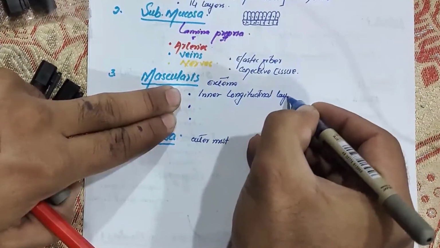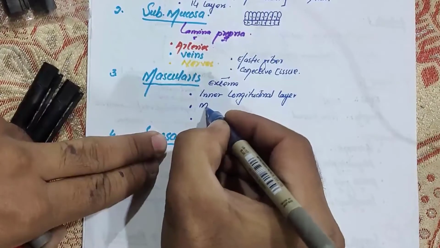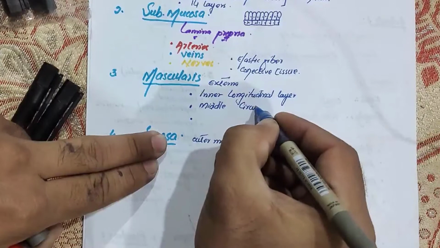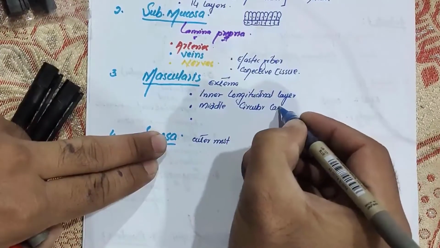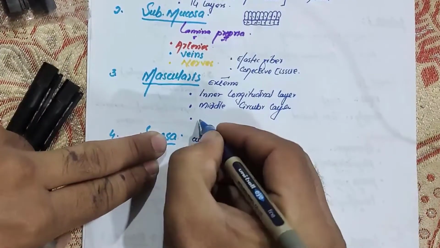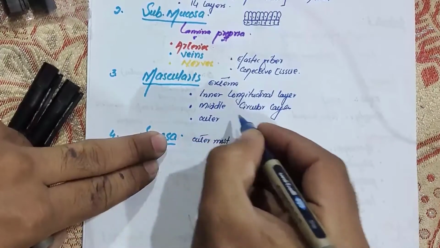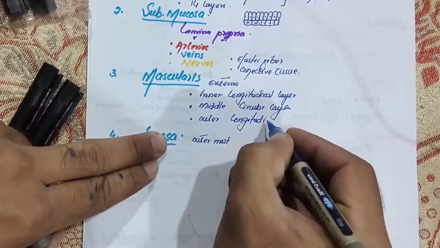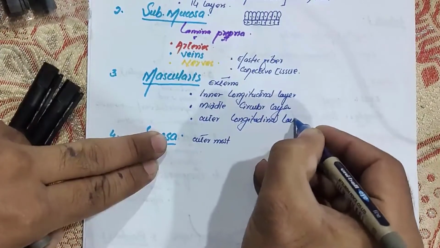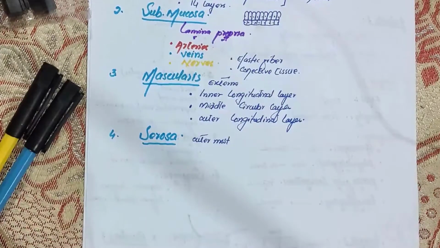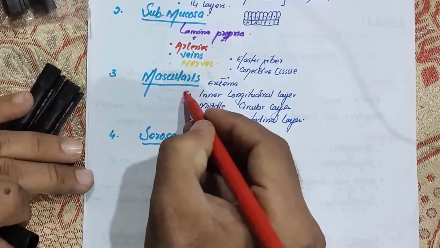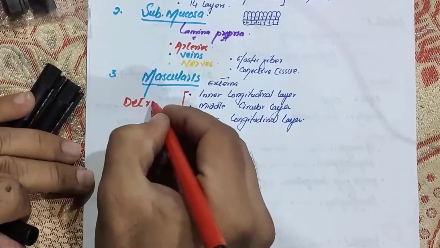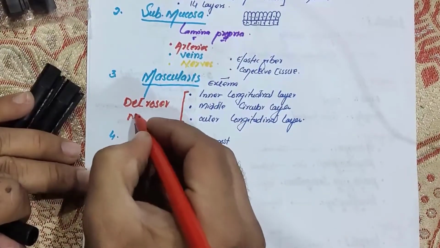Then there is a middle circular layer, and then an outer longitudinal layer. These three layers of muscles are called the detrusor muscles.